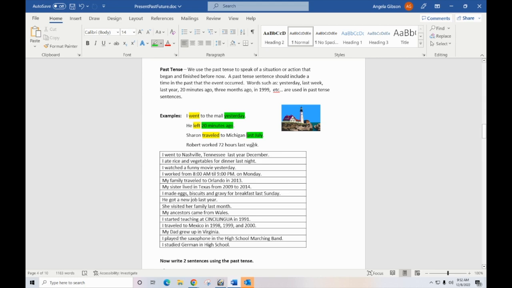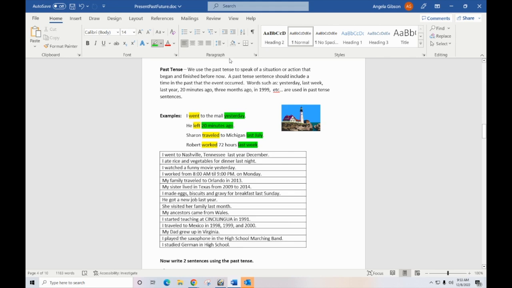And this last one here, Robert worked 72 hours last week. The past tense verb is worked, another regular verb. Regular verbs are easy because we just add the ed. Present tense work, past tense worked. Robert worked 72 hours last week is our time.